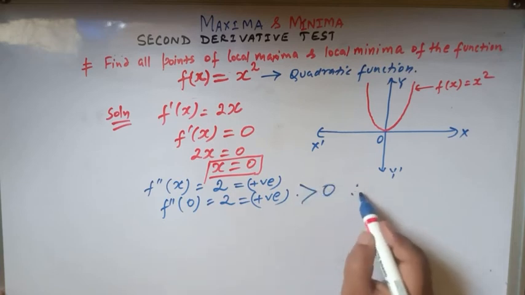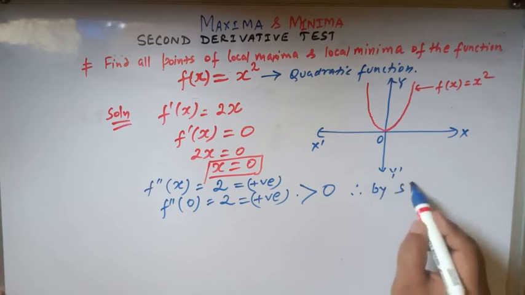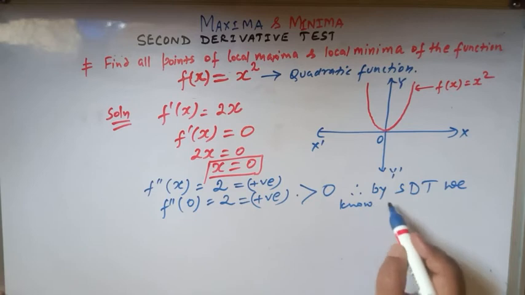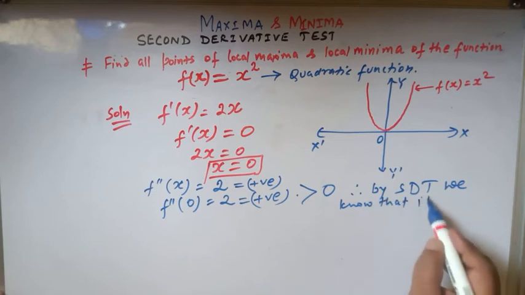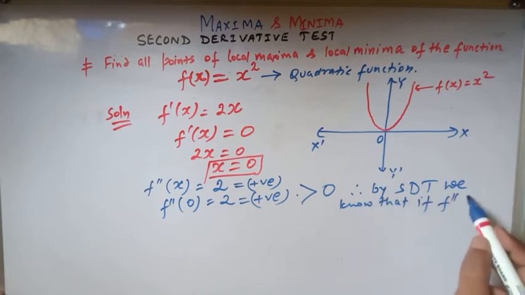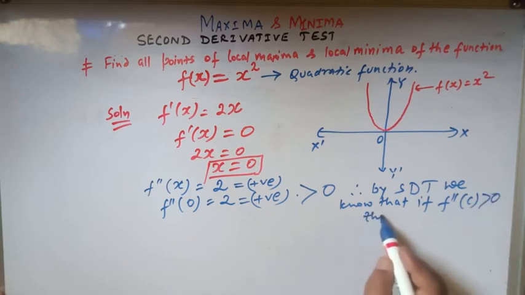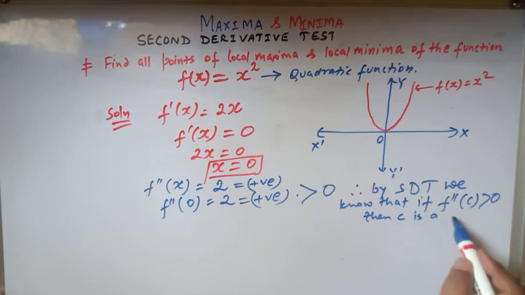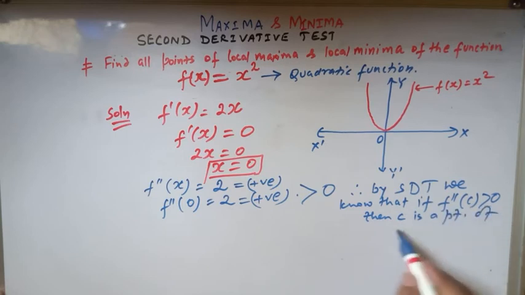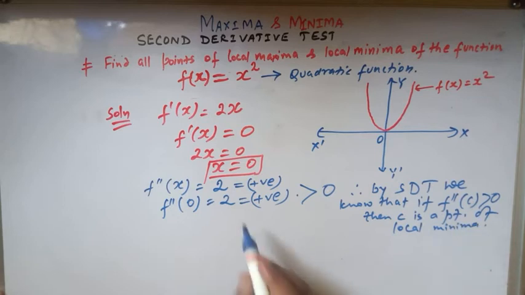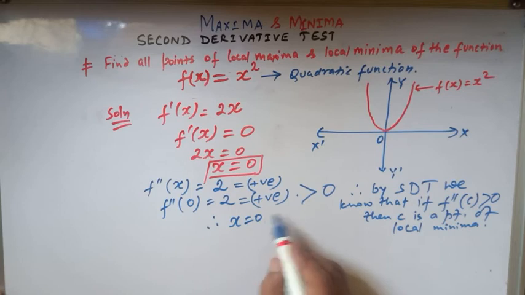So therefore by second derivative test, if the second derivative is greater than 0, then c is a point of local minima. Clear? So here x is equal to 0 is a point of local minima.